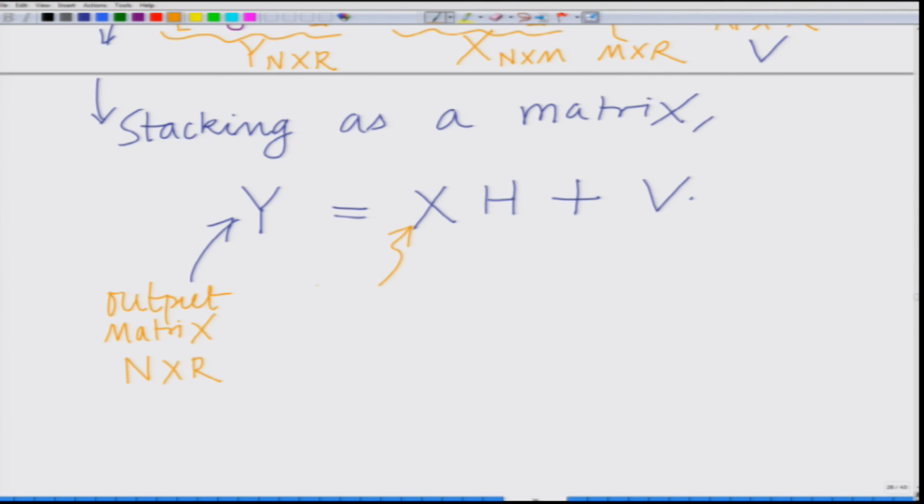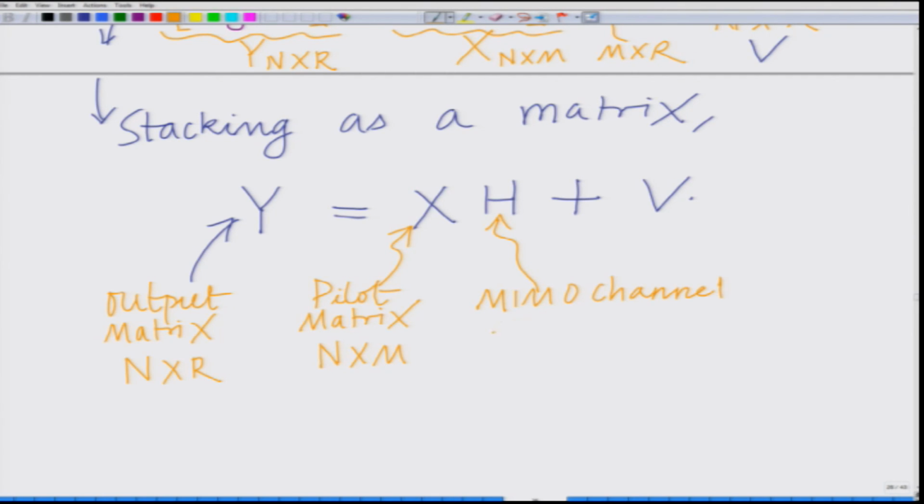This is your pilot matrix, which continues to be similar to the multi antenna channel estimation scenario pilot matrix, which is n cross m, where n is the number of pilot vectors, m is the number of transmit antennas.